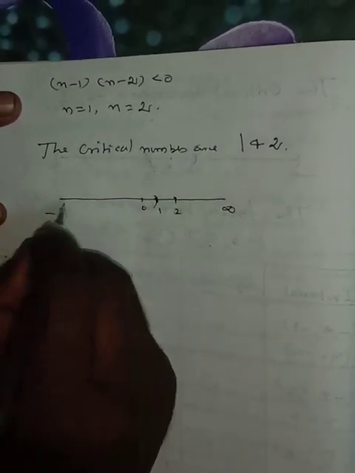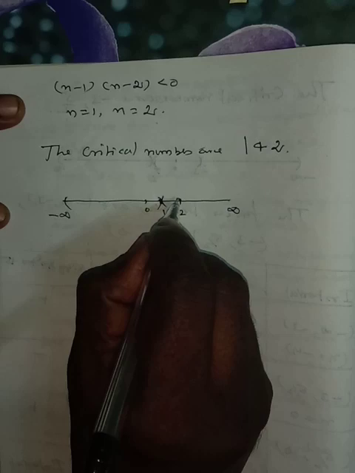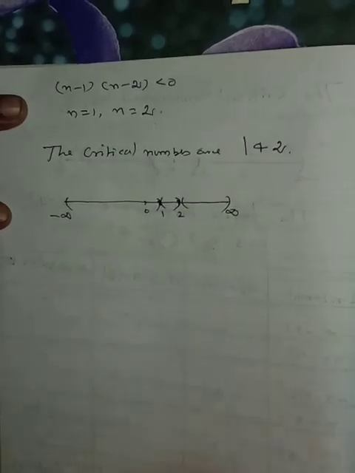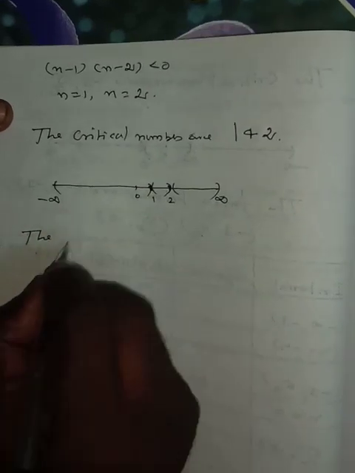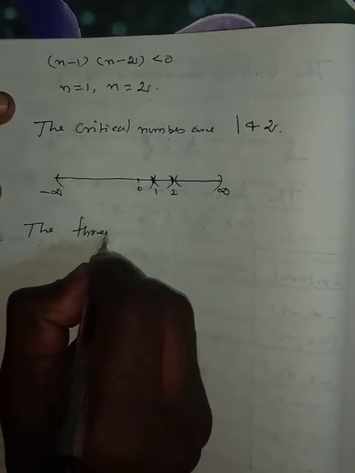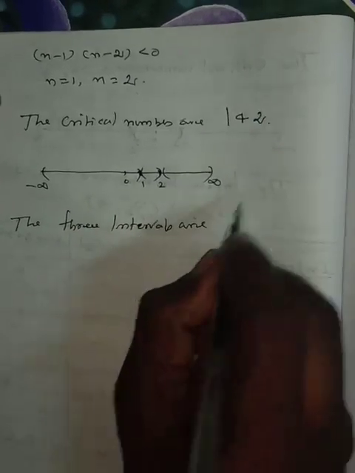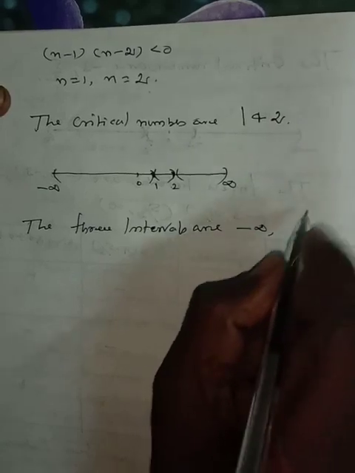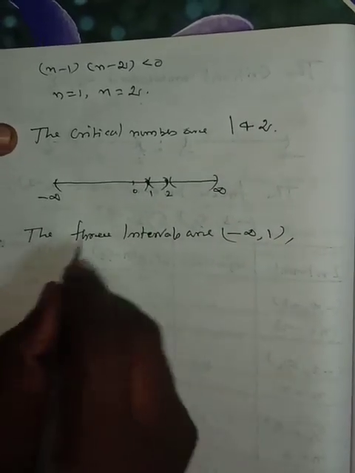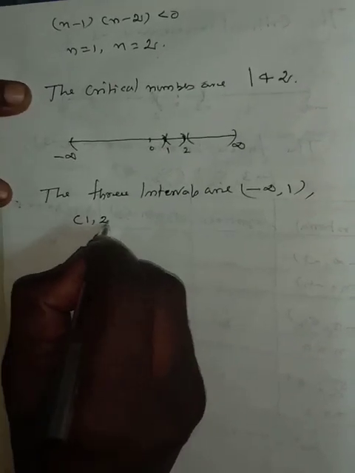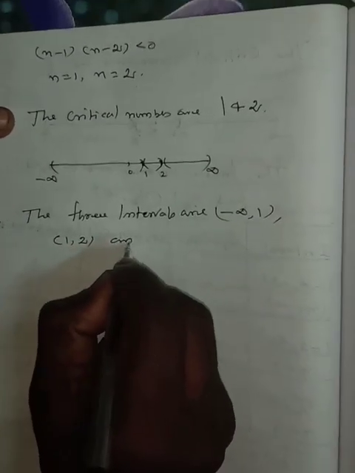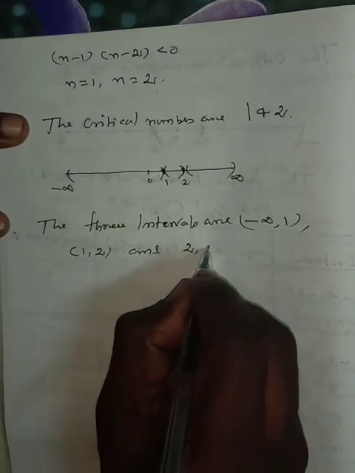So the intervals are 3 intervals. The intervals are minus infinity comma 1, 1 comma 2, and 2 comma infinity.